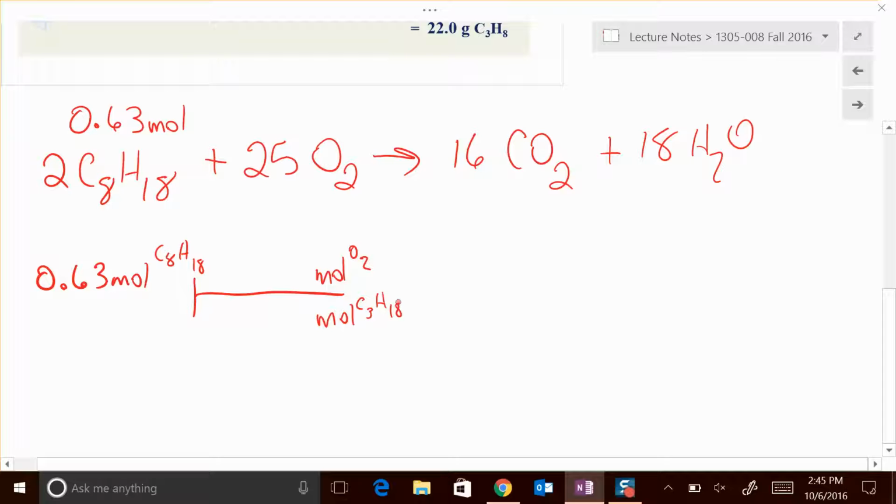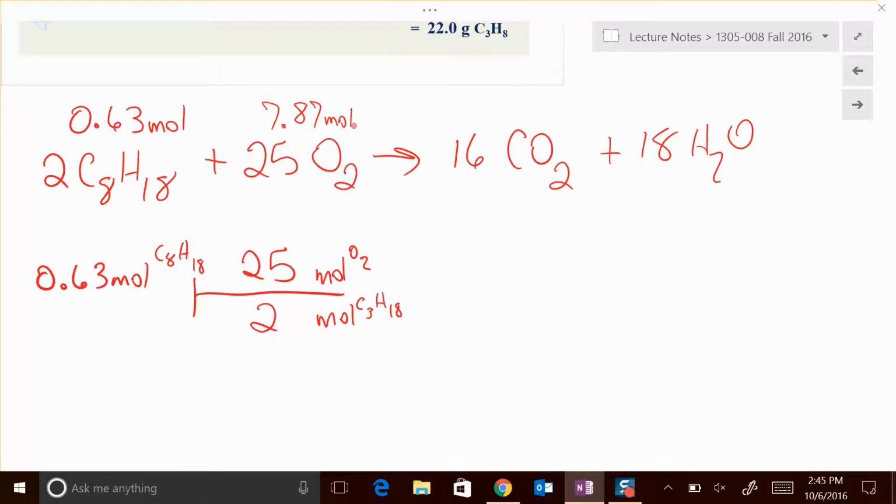What number goes on top? 25 moles of O2 for every 2 moles of C8H18. 7.87. So, if I have 0.63 moles of C8H18, I need 7.87 moles of O2 to react with it.